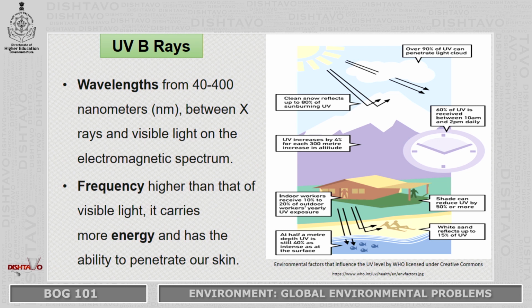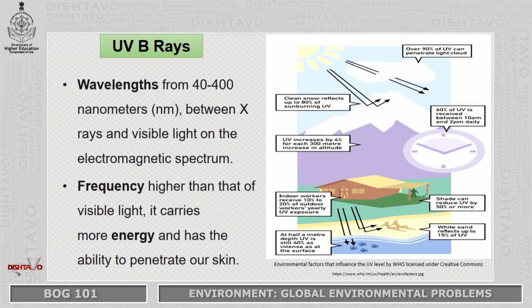Now, what are ultraviolet rays? There are ultraviolet A, ultraviolet B, and ultraviolet C rays, depending on the wavelength. The ultraviolet rays from around 40 to 400 nanometers are in between the X-rays, which are below 40 nanometers, and the visible light, which is above 400 nanometers.